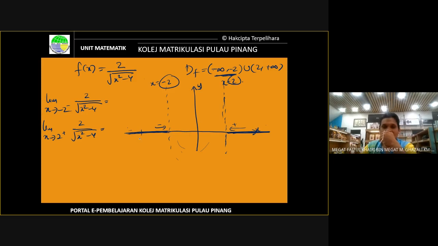So from negative 4, negative 3, negative 2.5, negative 2.2, negative 2.1, negative 2.01. Just imagine if I substitute negative 2.01 for x here. Somebody tell me what is the result of this, positive or negative infinity?